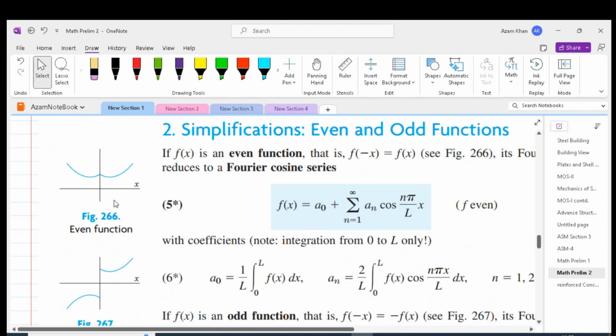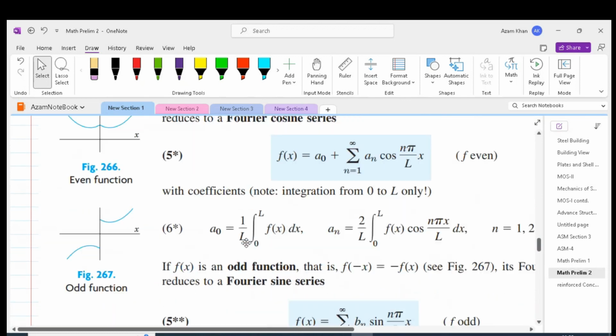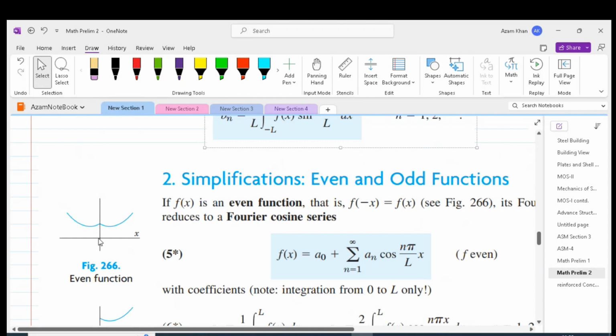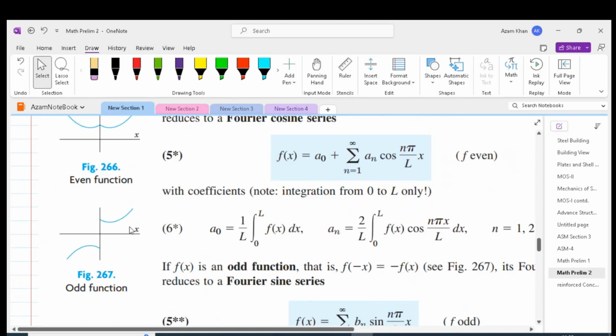Thus, in the case of an even function, we can eliminate the sine term of our Fourier series. And also, we can just take half of our period, which is 0 to L, and we will capture the whole function.